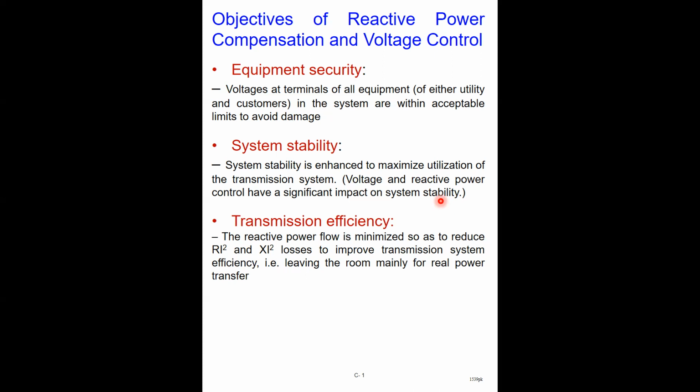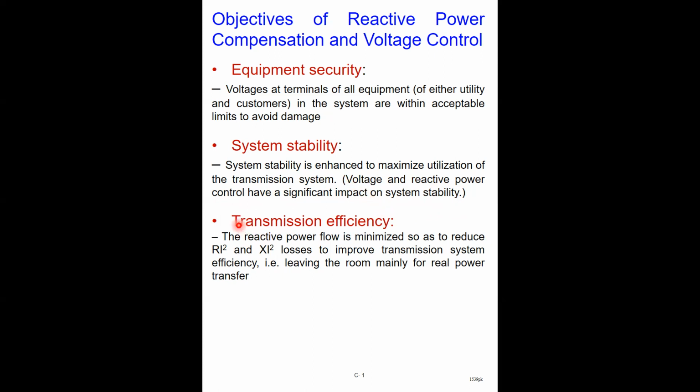In that case, we have the rotor angle stability, we have the frequency stability, and the third one is the voltage stability. So to maintain the system stability, voltage control or reactive power compensation is important here.